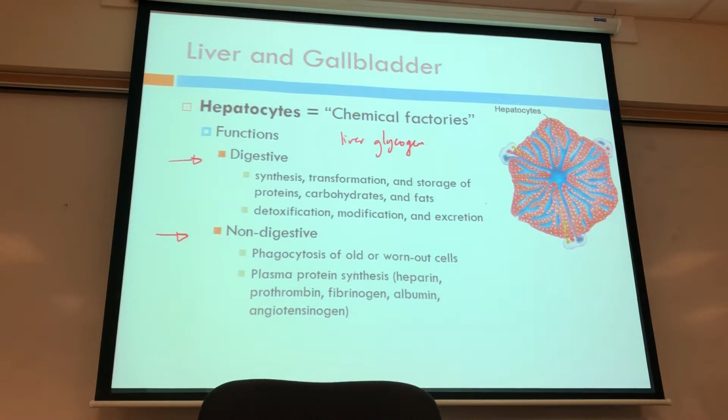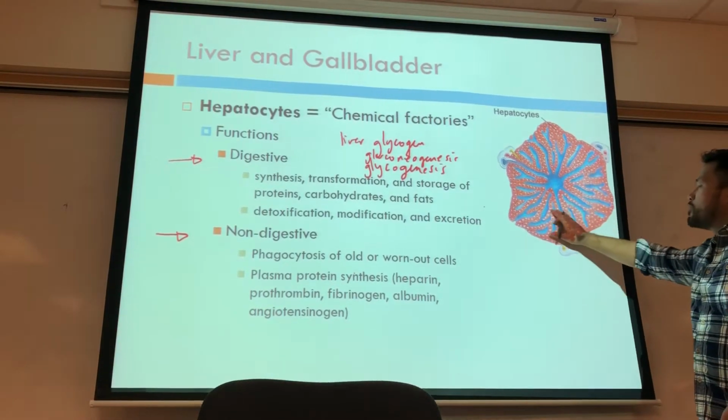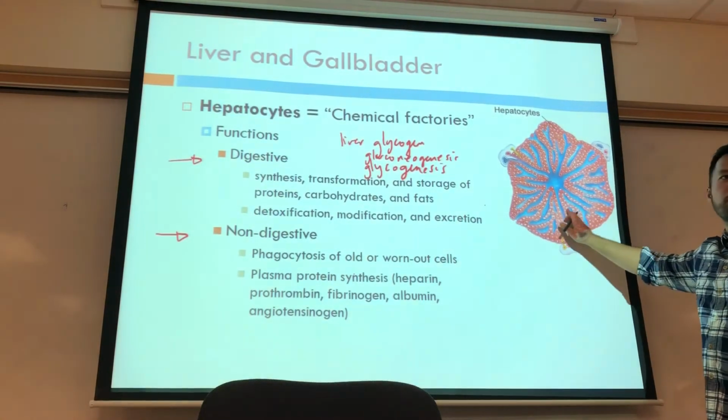And how we produce glycogen is through the process of glycogenesis. This is also where we get the process of gluconeogenesis, where any of that lactic acid that makes its way through, the liver can convert back into available glucose.